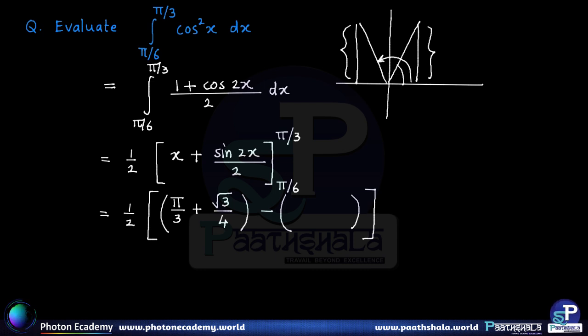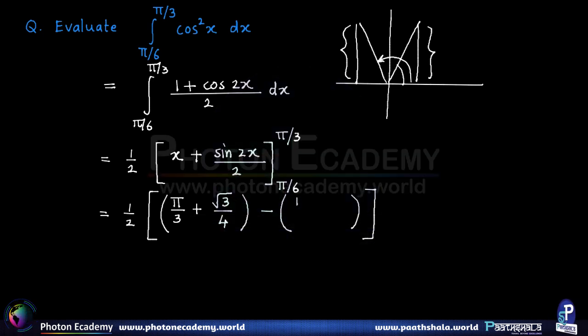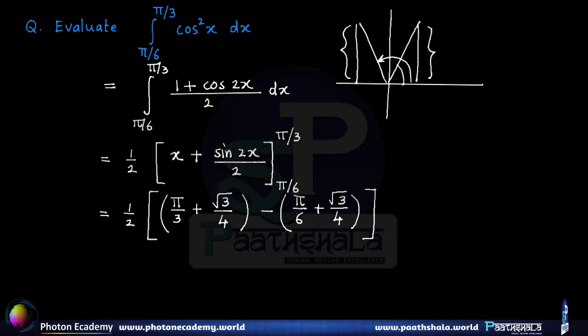And after putting the lower limit, we have x as pi by 6 plus sine of 2 into pi by 6, which is sine of pi by 3, which is once again root 3 by 4 as in the previous case. So that gives us 1 by 2.